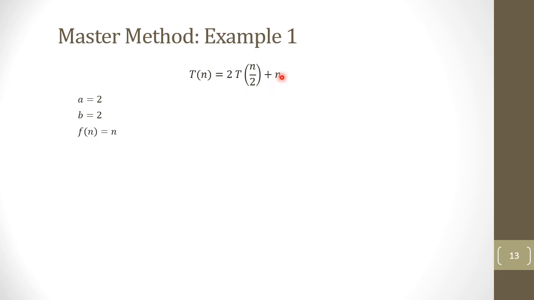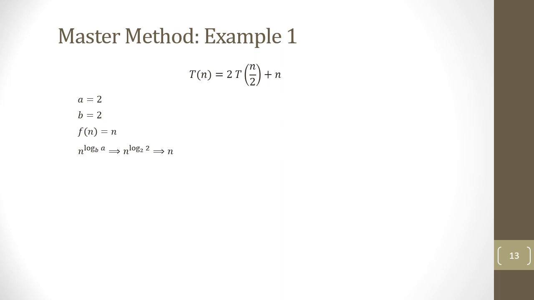Now we have to compute n to the power of log base b of a. We plug in a and b and we have n to the power of log base 2 of 2. So log base 2 of 2 is 1, so n to the power of log base b of a becomes n.